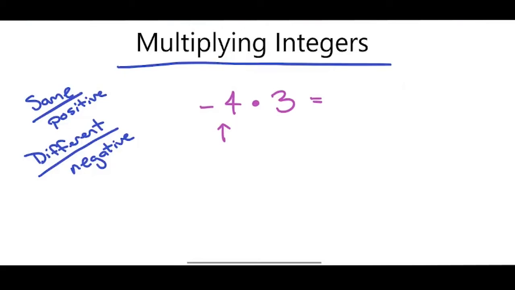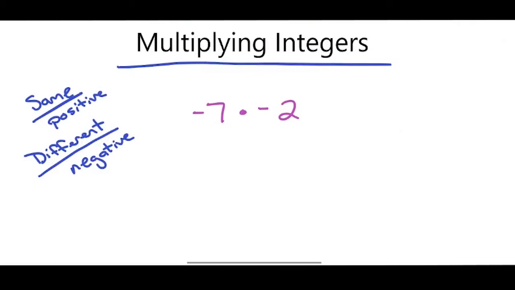So that means that these have different signs. And because they have different signs, our answer will be negative. And as you know, 4 times 3 is 12. So negative 4 times 3 equals negative 12.